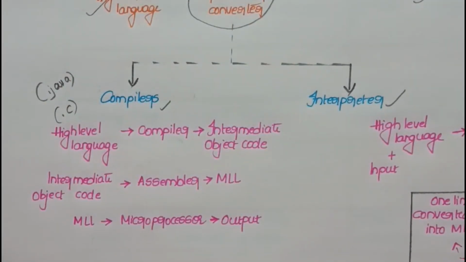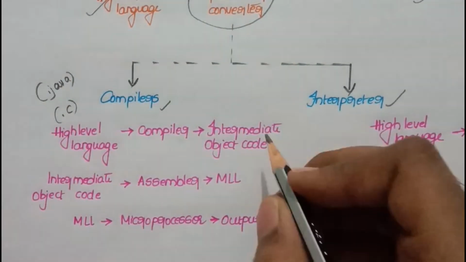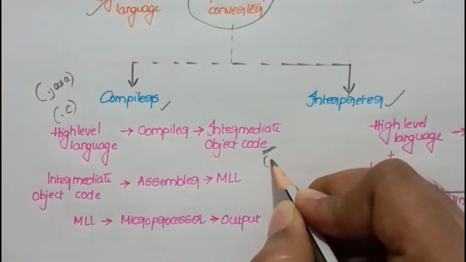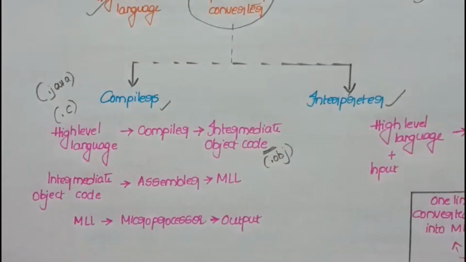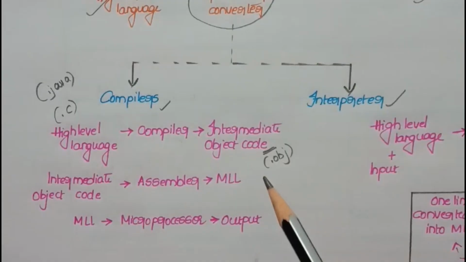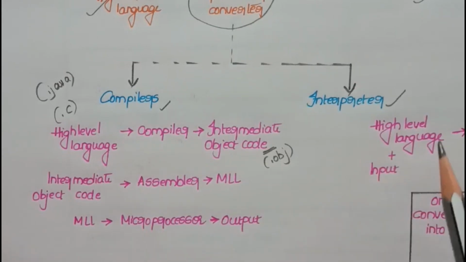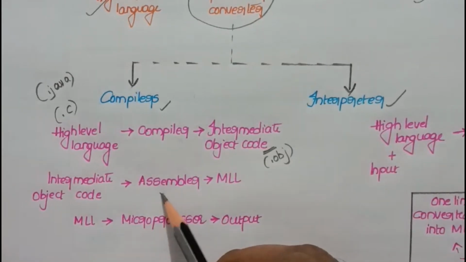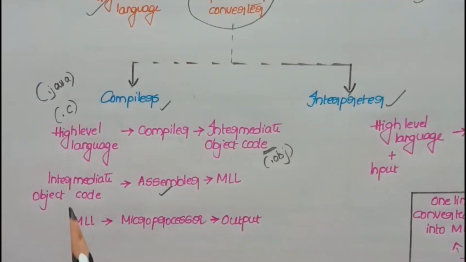After converting it into the intermediate object code, this file will have a .obj extension. This .obj is intermediate object code, meaning it is understood neither by humans nor by the computer. In order to convert it into purely machine level language, we will use an assembler. So intermediate object code is treated as input to the assembler.